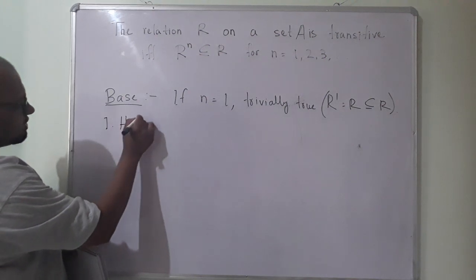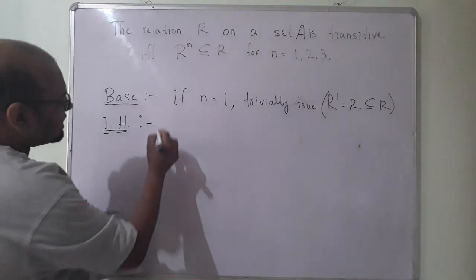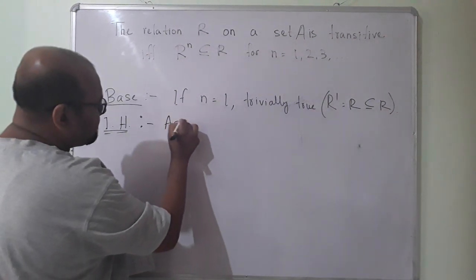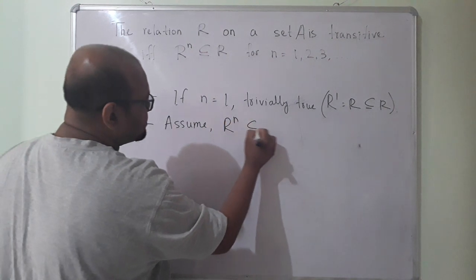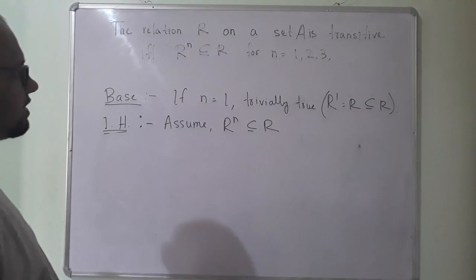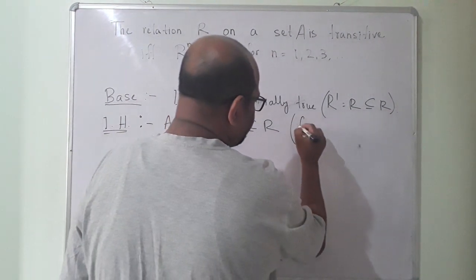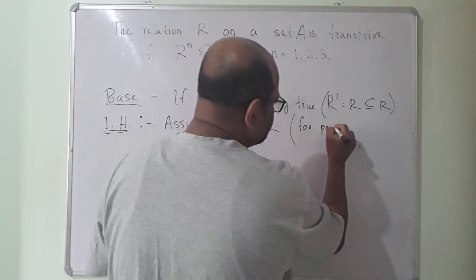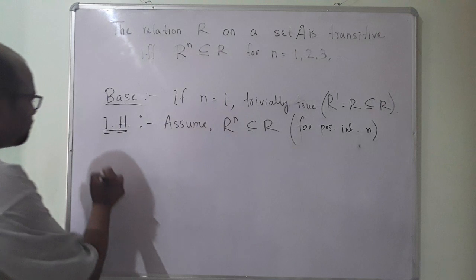Let us now have the inductive hypothesis. Let us assume R^n is a subset of R for some positive integer n. What do we have to prove?